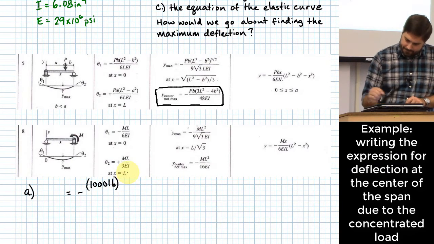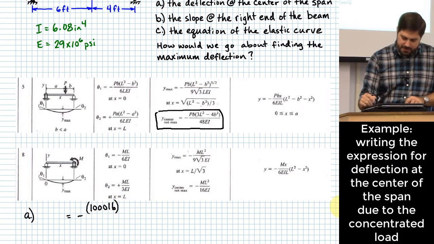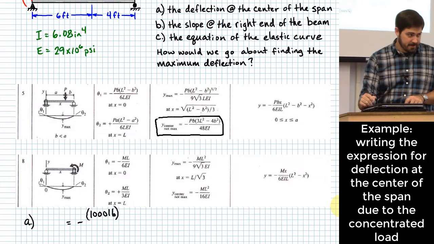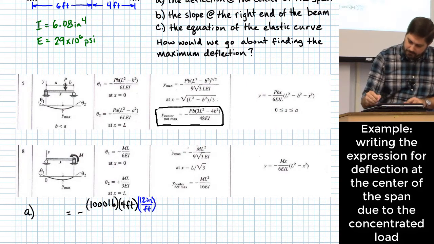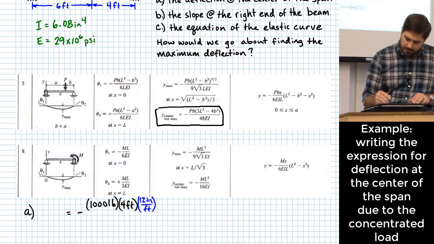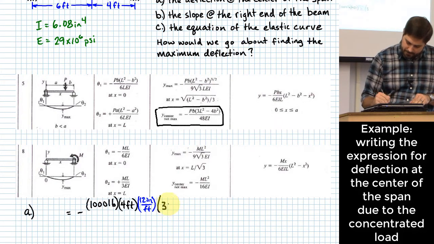Now we're going to end up with some units questions here. 4 feet. What do you think I might want to do at this point? Let me convert this to inches real quick. Then 3 times L. What's L?